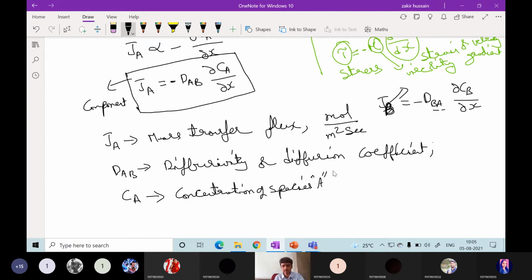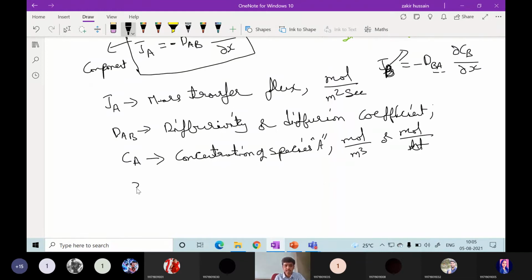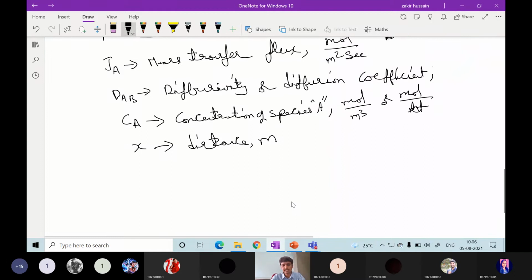So what is the significance of these components A, B, C? I will define it now. This is the concentration of species A, and the concentration units we already know: mole per liter or mole per meter cube, whatever it may be. This is distance, measured in meters. What is this distance?